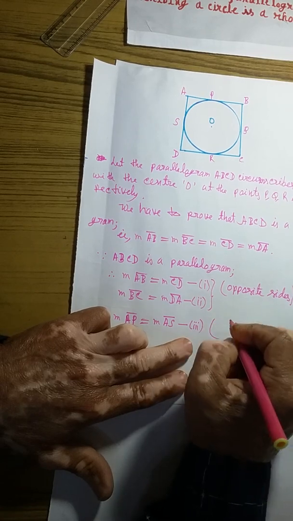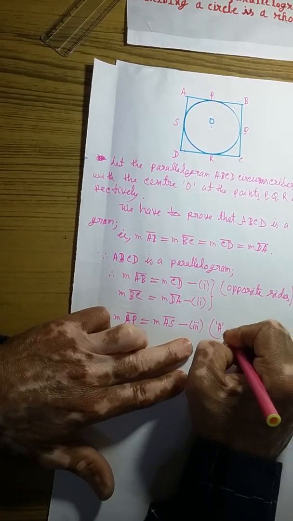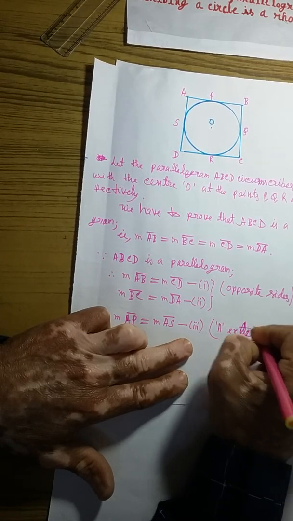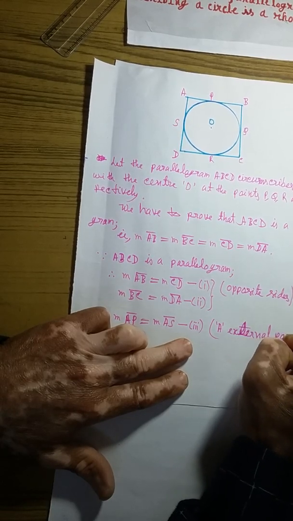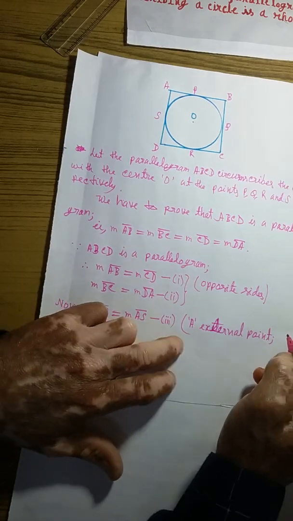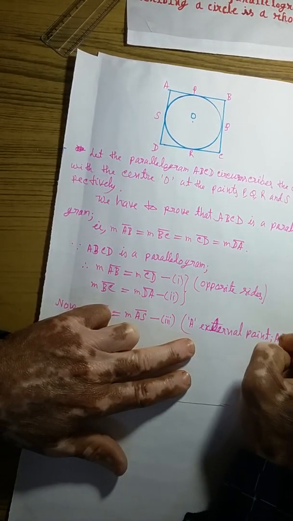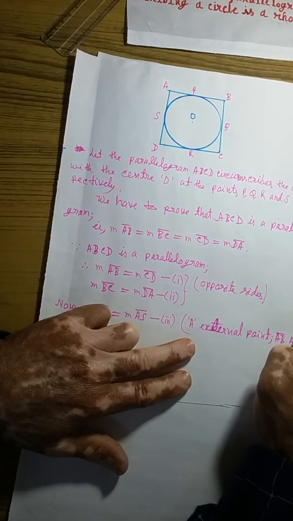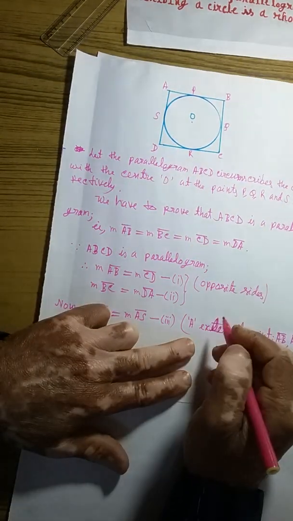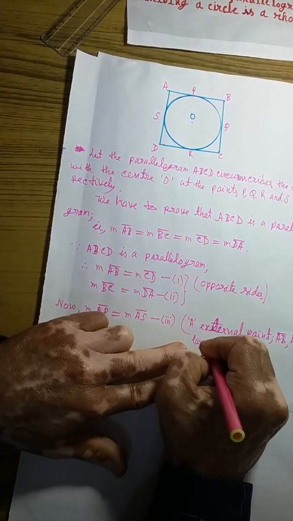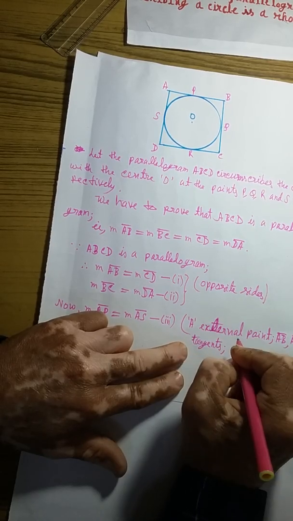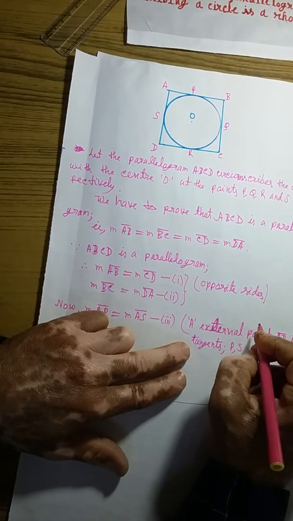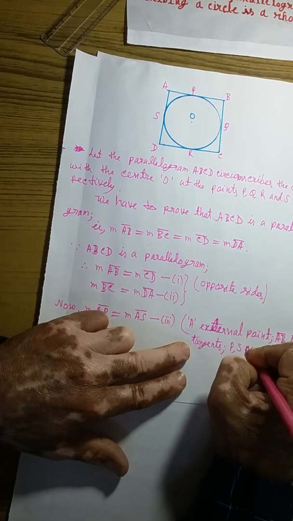Write within bracket, A external point, AB and AD tangents, P and S points of contact.